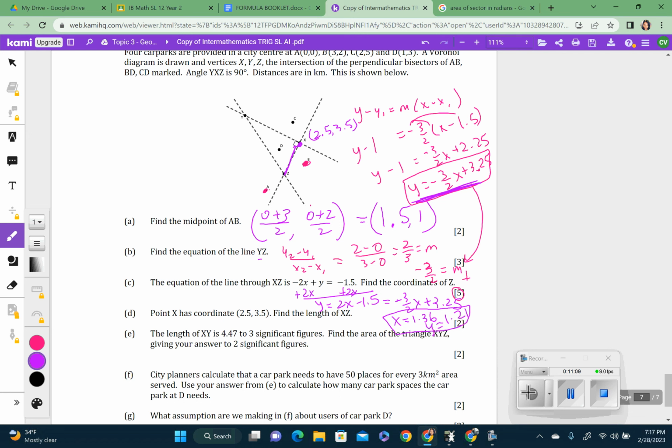So the distance formula is the square root, and you're going to plug these numbers in.